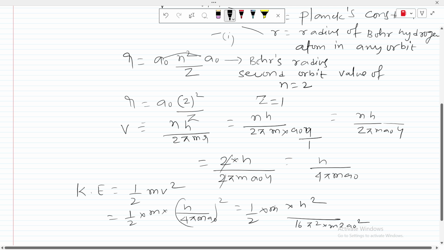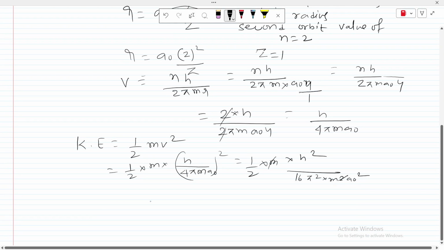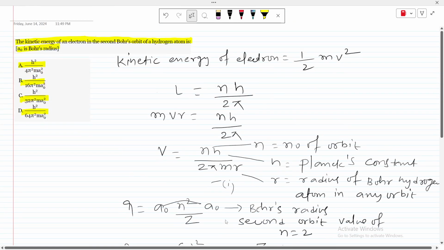So m here cancels out, we find h square upon 32 pi square m a naught square. So answer C, option C is the correct option.